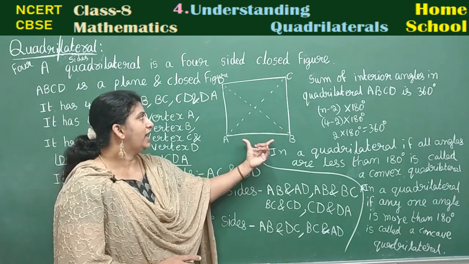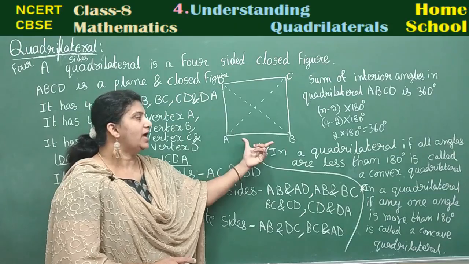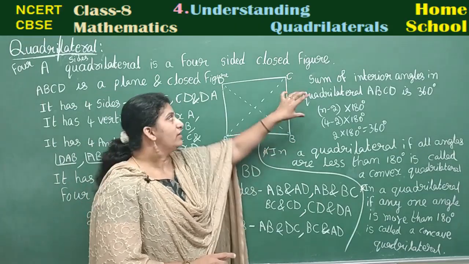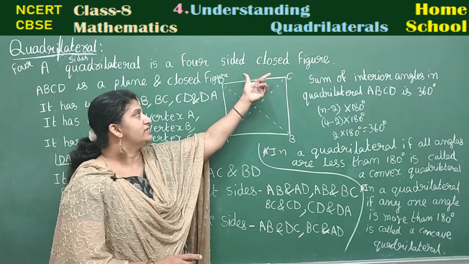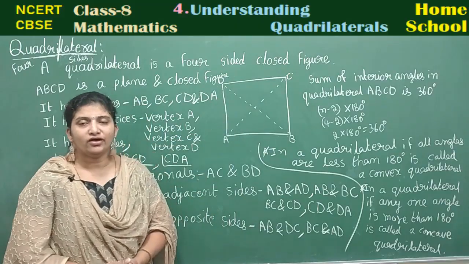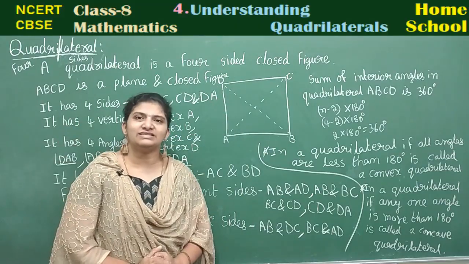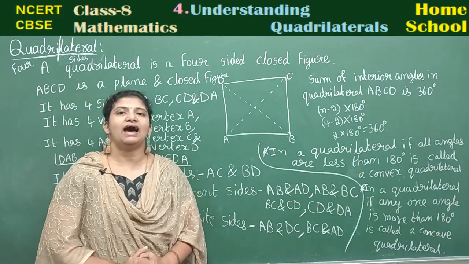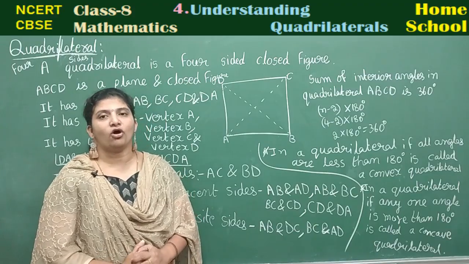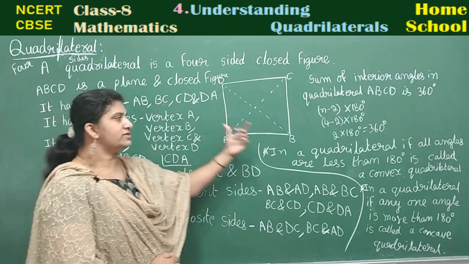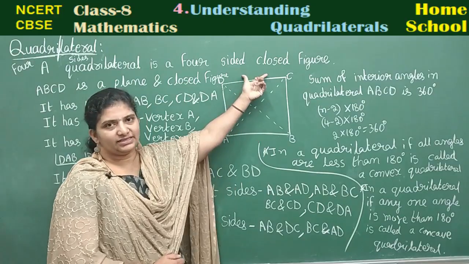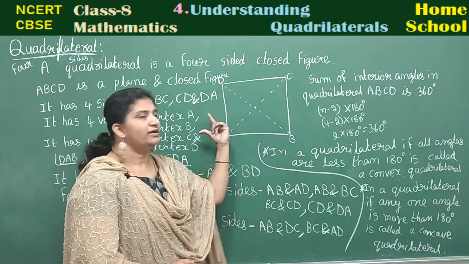That means AB, AD; AB, BC; BC, CD; CD, DA. 4 pairs of adjacent sides, and it has 2 pairs of opposite sides. What are those? AB, DC, and BC, AD.